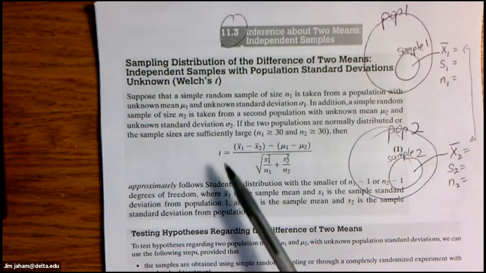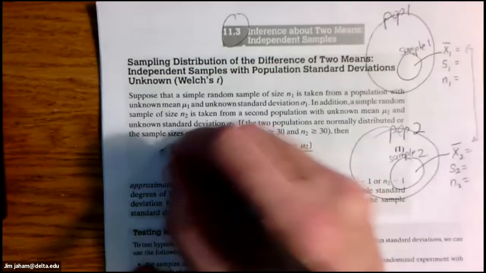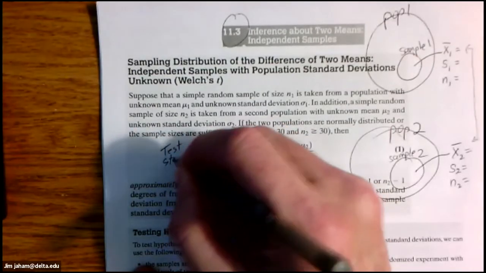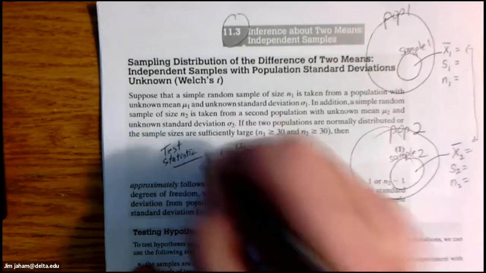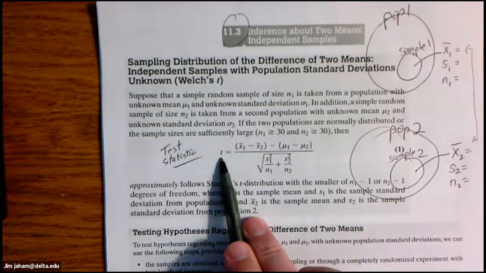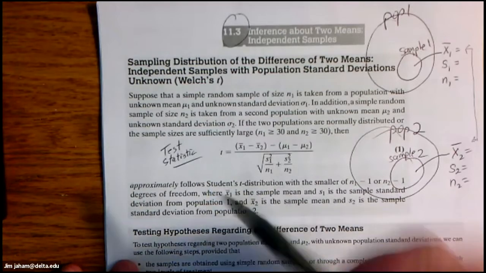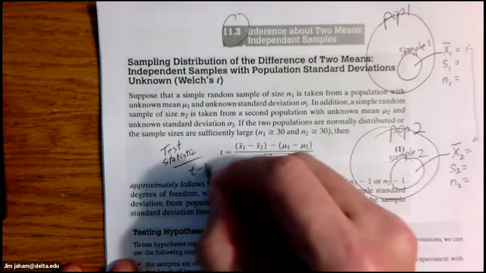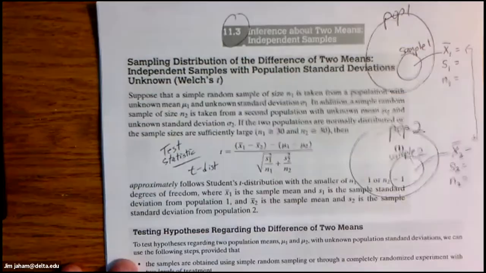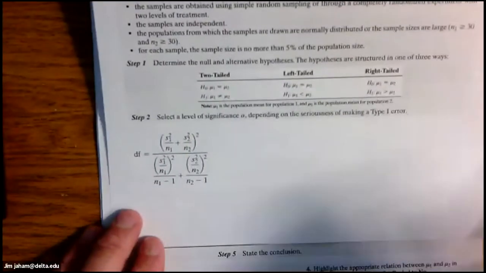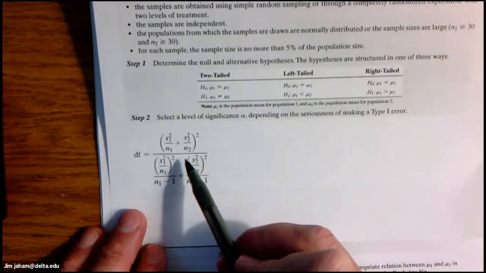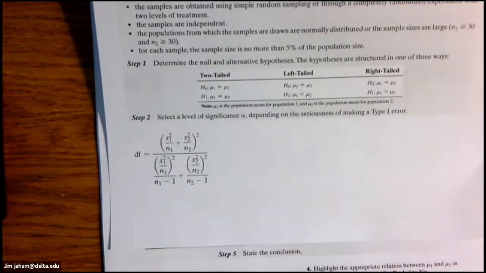So you can see that the test statistic in this case is a t. This is going to be a t distribution, but the degrees of freedom in this test is determined by this very complicated formula. And in almost all cases, it's not even going to be a whole number.